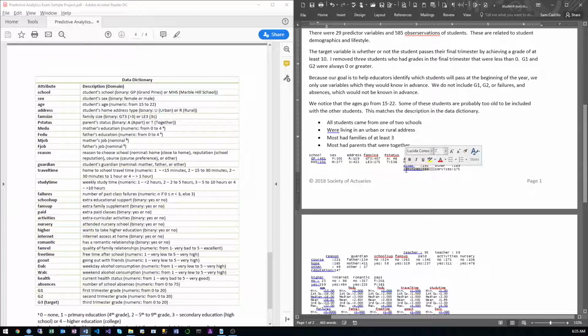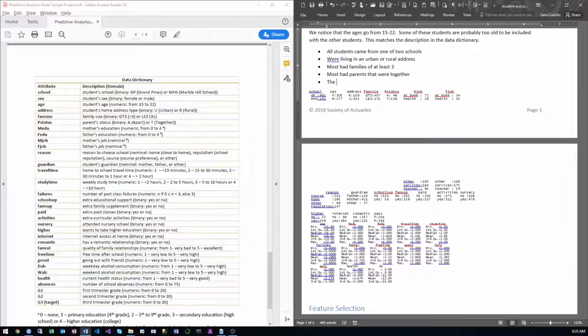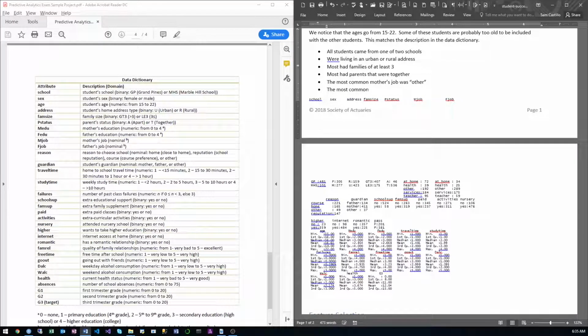The most common job was services. Actually it was other. And most common father's job was also other. What does other stand for? They don't tell us. What is reason? Reason is the reason to choose the school.